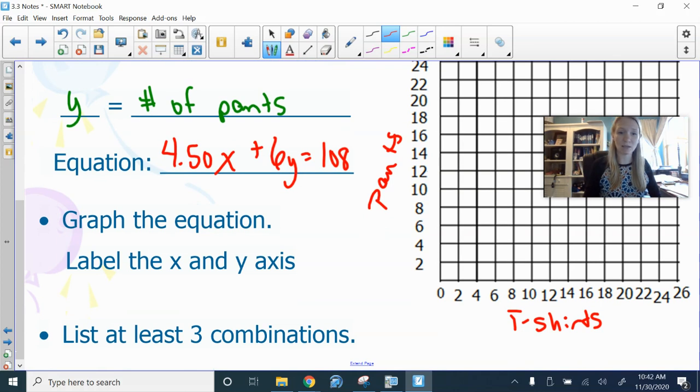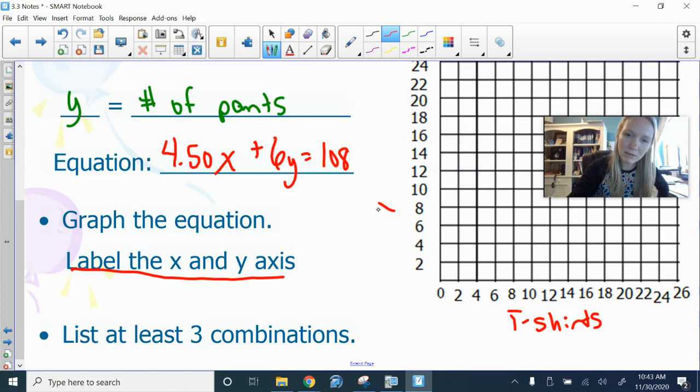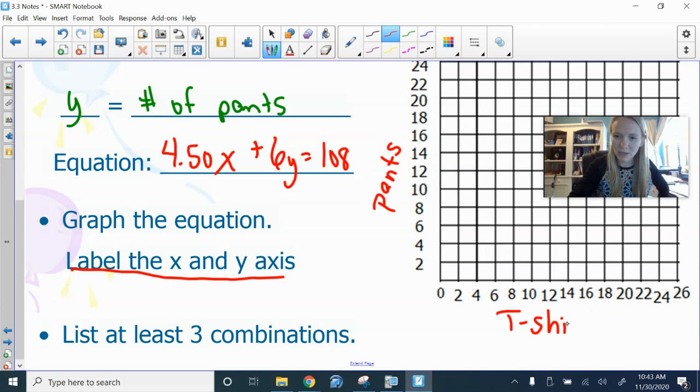Oh, look at that, it said label the X and Y axis. I did that before I even realized it. I'm going to clean that up a little bit, pants, just because it was kind of hard to read.